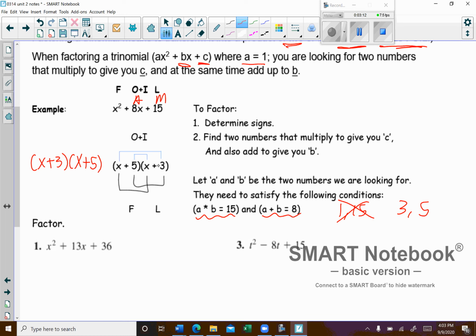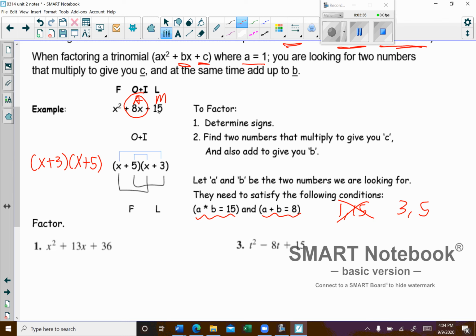The outer and the inner, that's why you're looking for what adds to give you that middle value, because the outer and inner, 3x and 5x, add up to 8x. And then the last two multiply together to give you that 15. So we're undoing the FOIL process.